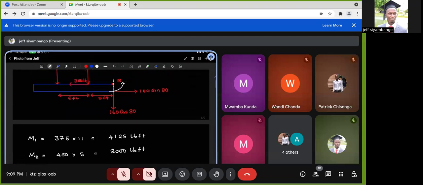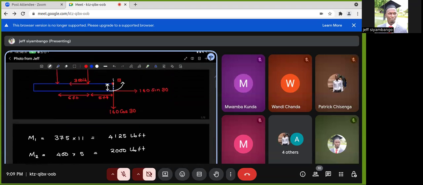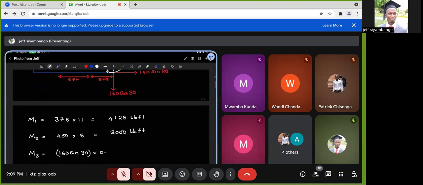The distance there will just be the thickness of the beam, and that was 0.5. Is this going to be 40?